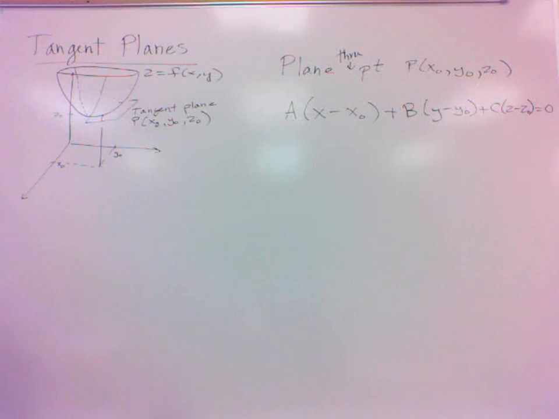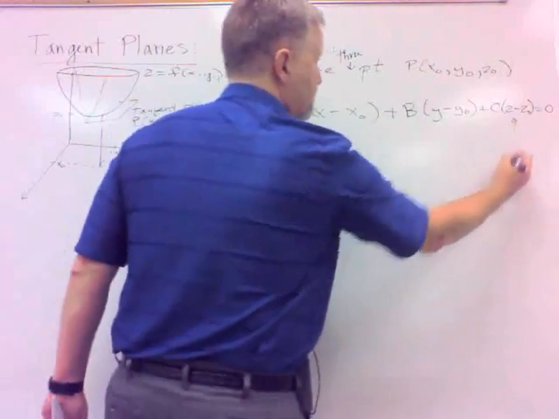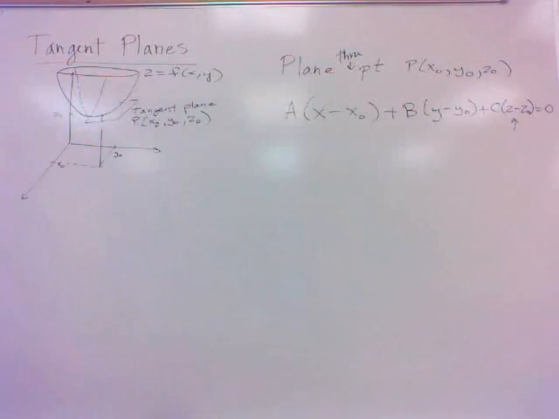And then, if we have that perpendicular vector, the normal vector we called it, we plug that in. However, that's not how we're going to do this one. In this case, what we're going to do is get the z minus z0 isolated.